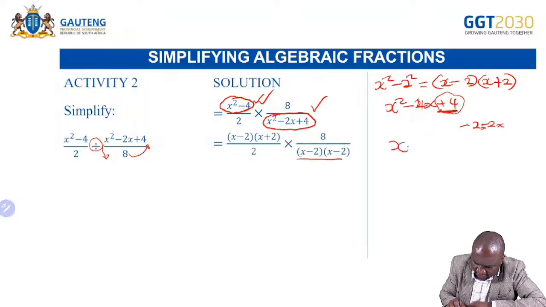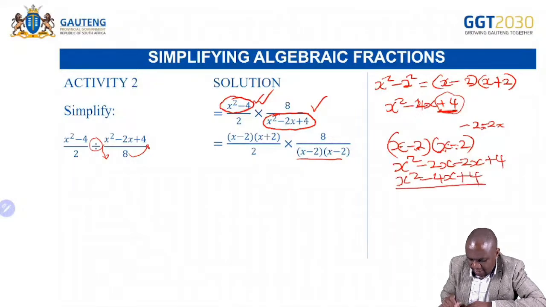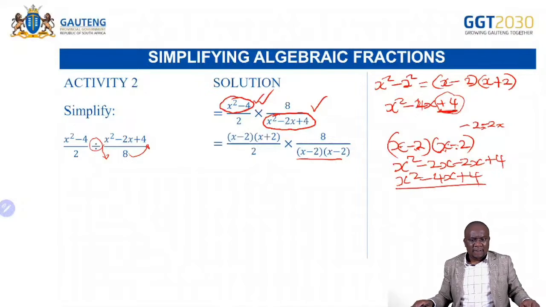If we say x minus 2 times x minus 2, what do we get? Let's expand this. x times x is x squared. x times negative 2 is negative 2x. Negative 2 times x is negative 2x. Then negative 2 times negative 2 is positive 4. There is a serious mistake here, grade 10s, but we do learn from mistakes sometimes.